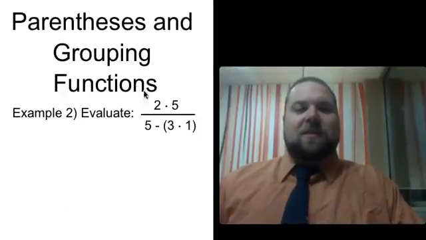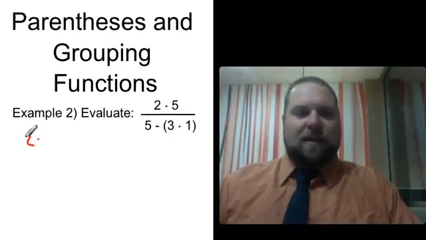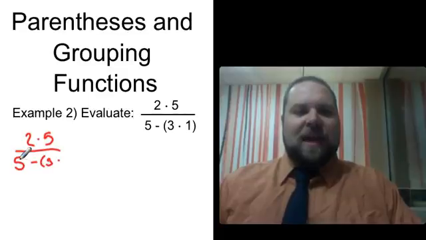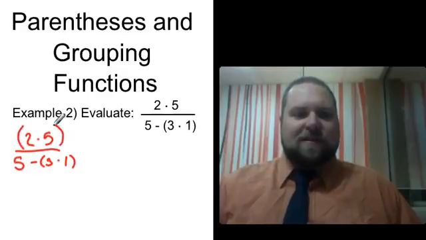We can also look at one that's a little more complicated. This one now has a fraction bar. So I'm going to rewrite the problem. I always start off by doing that so that I have a clean copy to work with. And then I can imagine that the top part and bottom part are in parentheses. So if that top part is in parentheses, I know I need to do that operation first. 2 times 5 would be 10.